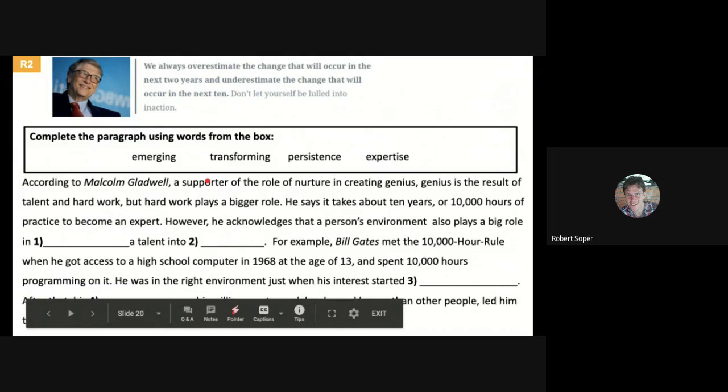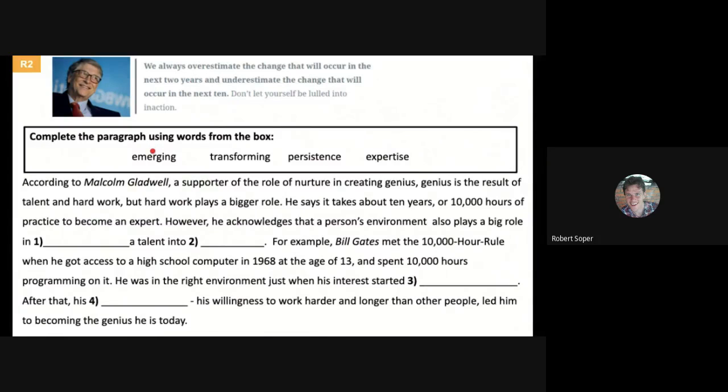So before you begin doing this, in your notes or even in your head, try and remember what type each of these words is, whether they are verbs, adjectives, nouns, or adverbs. Have a quick think about that.